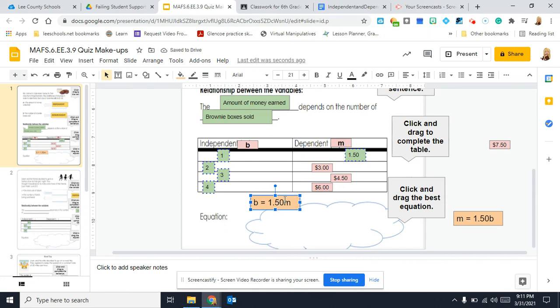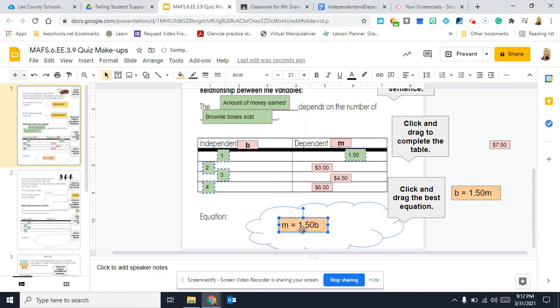B equals $1.50 times M. So if I took $1.50 times $1.50, would that be 1? What if I took $3 times $1.50? Would that be 2? No, that's incorrect. I don't want that equation. I'm going to drag it back over. Now I'm going to try the other equation.